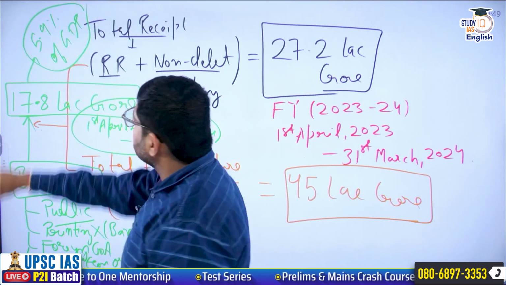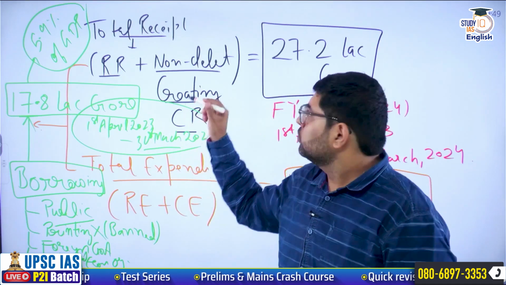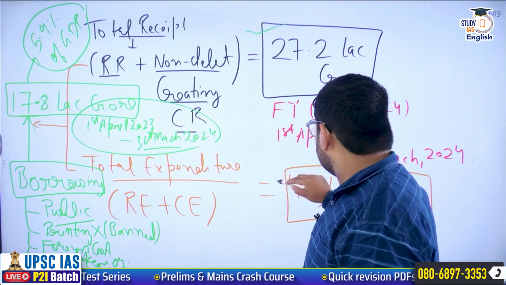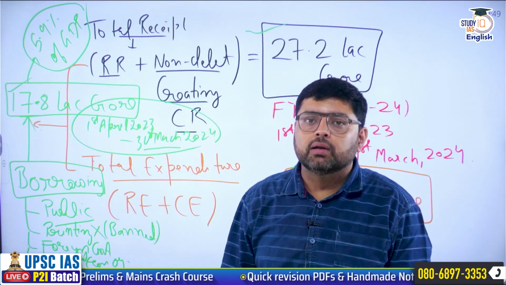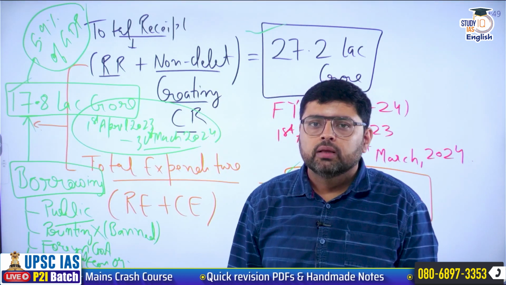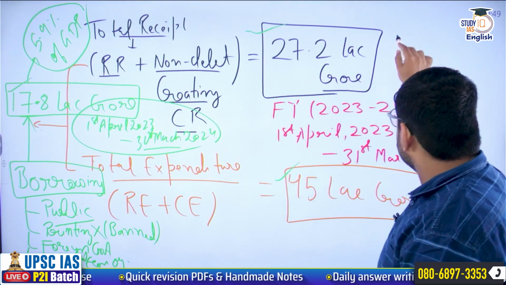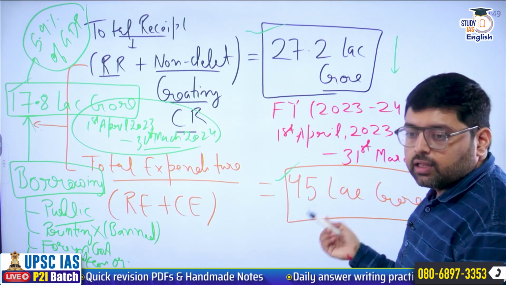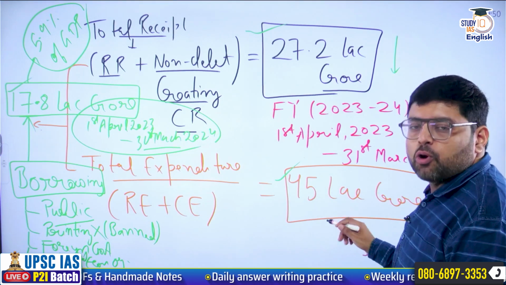So, it means these numbers written in front of you, that is 27.2, 45 lakh and 17.8, these are estimated numbers. So, there may be a possibility that these receipts can reduce or increase, and this can also reduce or increase.